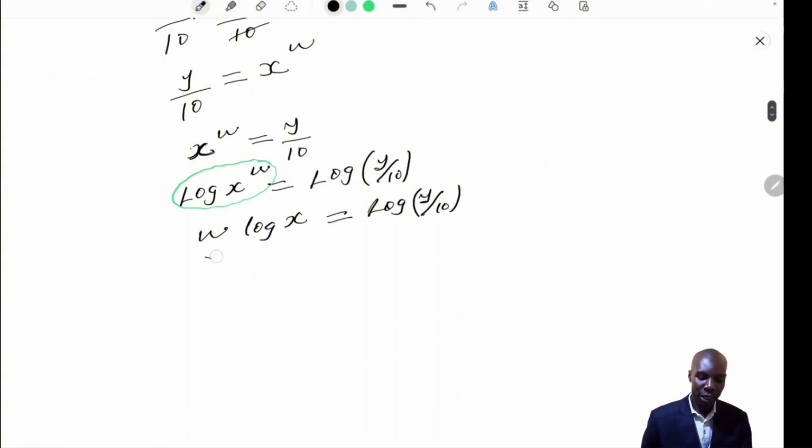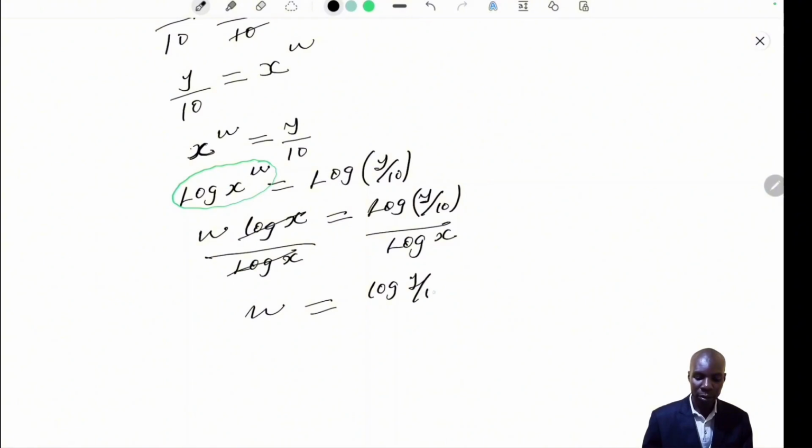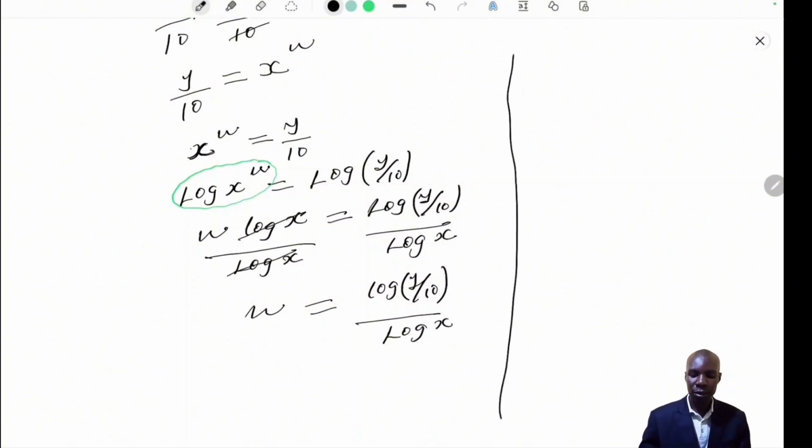If I divide both sides by log of x, I'll be left with n alone, given by log of y over 10 over log of x. But remember, to simplify our answer, if you have log of a over b, this can be written as log of a minus log of b.